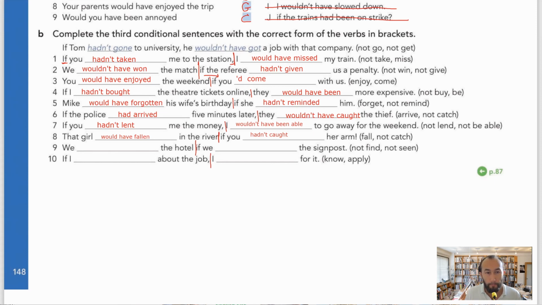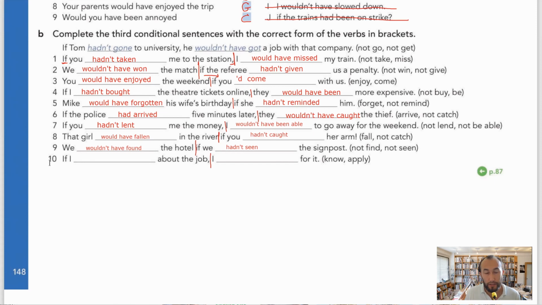Number 9, the hotel, not find, not seen. Again, result clause, so we wouldn't have found the hotel if we, past perfect negative, if we hadn't seen the signpost.